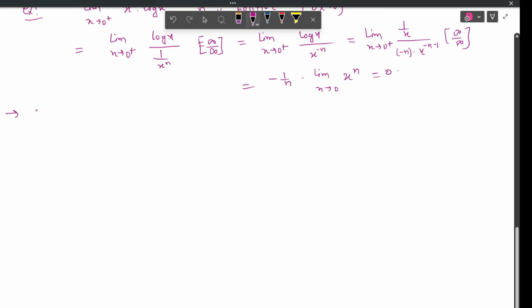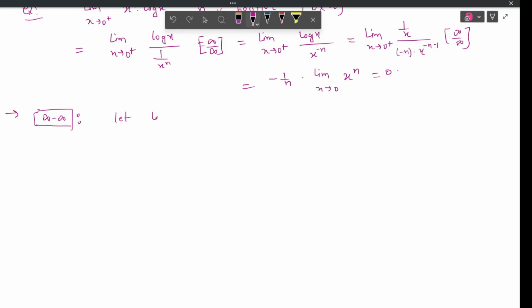Now let us see our next form, which is infinity minus infinity. Let us see this form. Let limit x tends to a f of x equals limit x tends to a g of x is infinity.